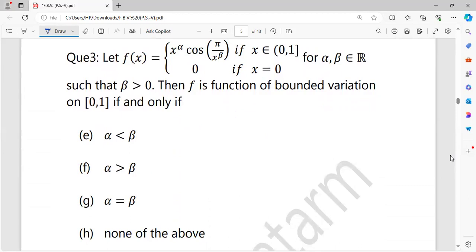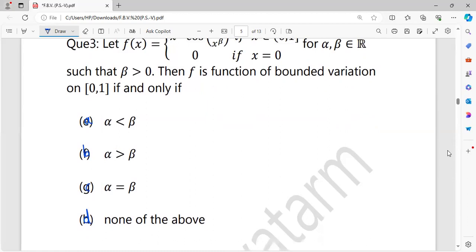Then f is a function of bounded variation on [0, 1] if and only if, option A, alpha is strictly less than beta; option B, alpha is greater than beta; option C, alpha is equal to beta; option D, none of the above. So which option is correct?